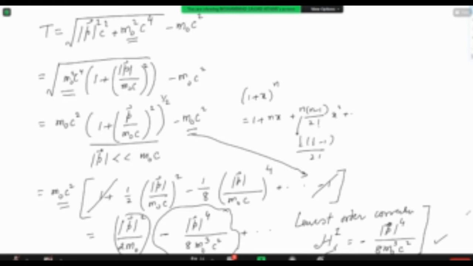But there is another correction that is also of the order of alpha to the power 4, and that is known as the spin orbit correction. Therefore, these two corrections get added up to give you the total first order correction to the energy. So there is a first order correction from the relativistic effect, and then the first order correction due to the spin orbit effect. First, we are trying to obtain the first order correction due to the relativistic effect.